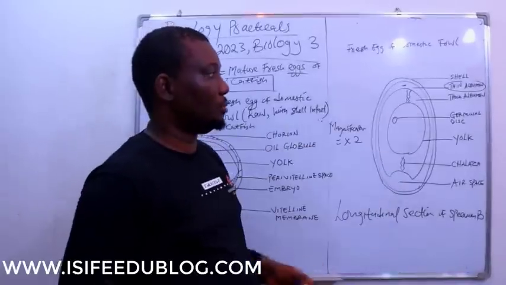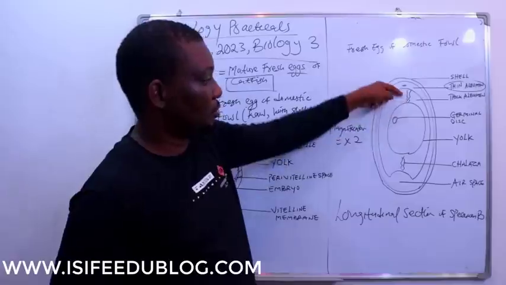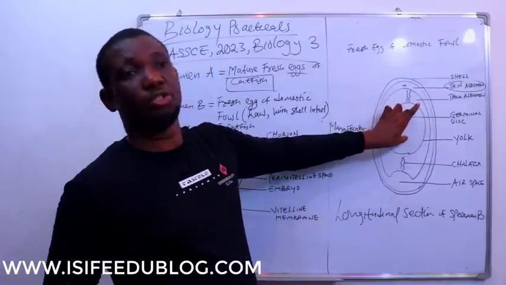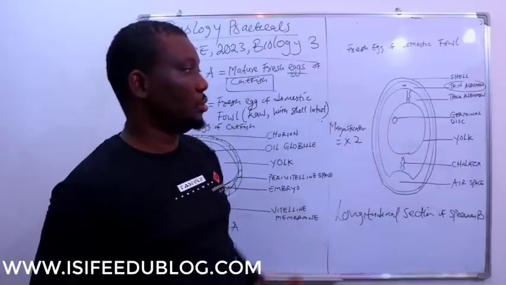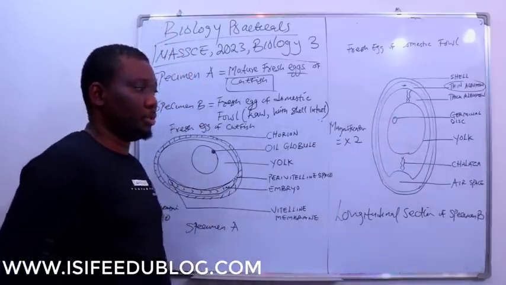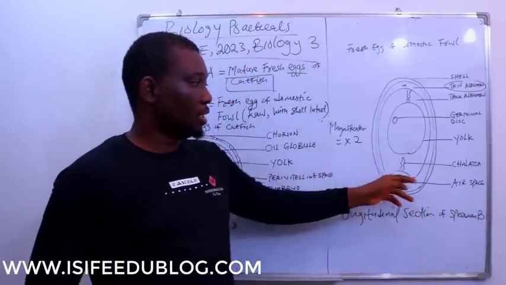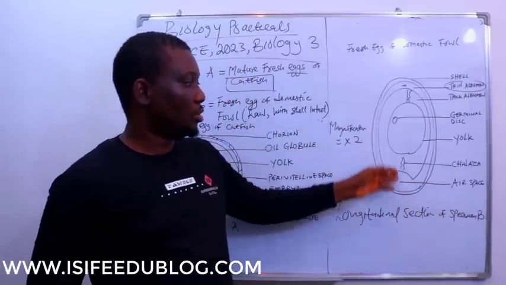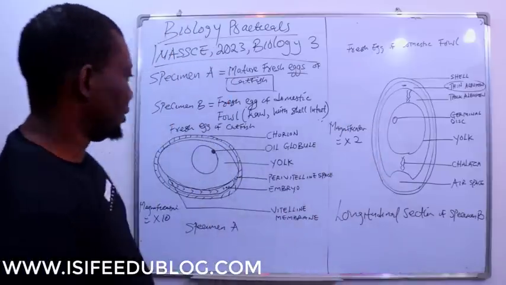So it is thick albumin. The function of the two chalazas here is to hold the yolk in a steady position, and then there is an air space in between, which also gives buoyancy to the egg.